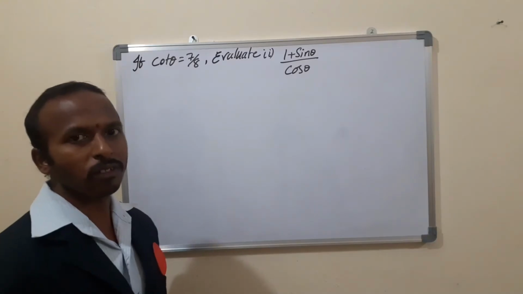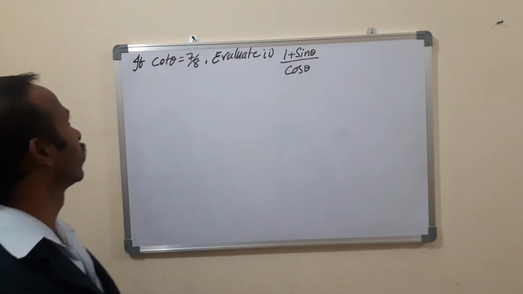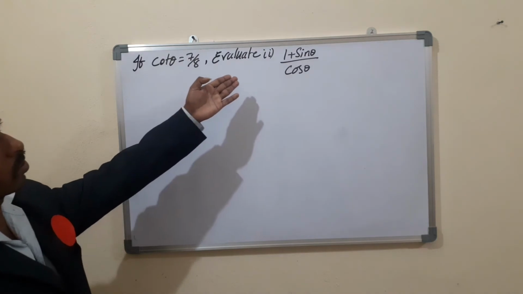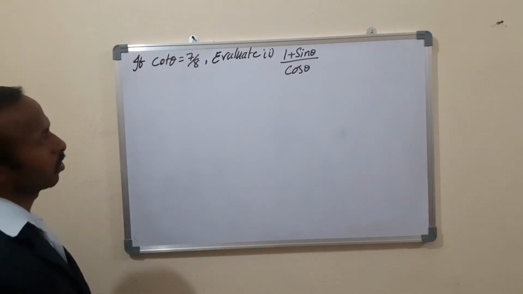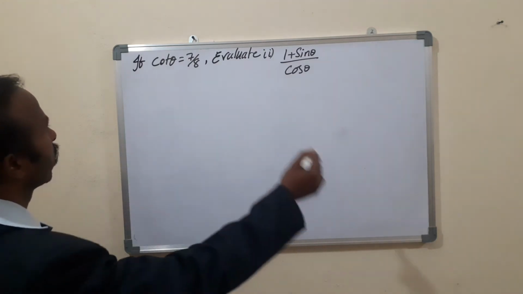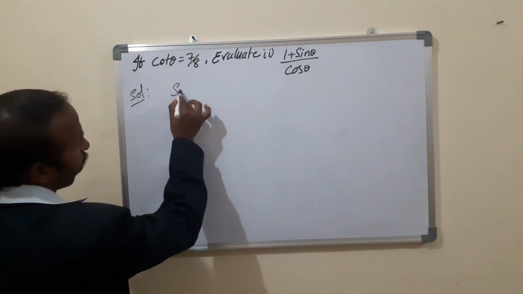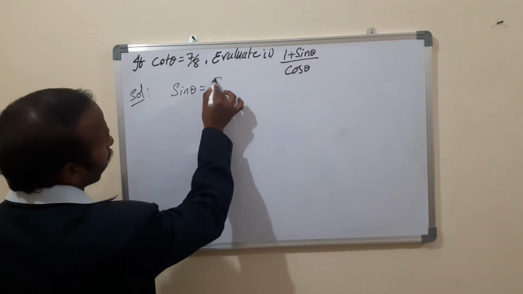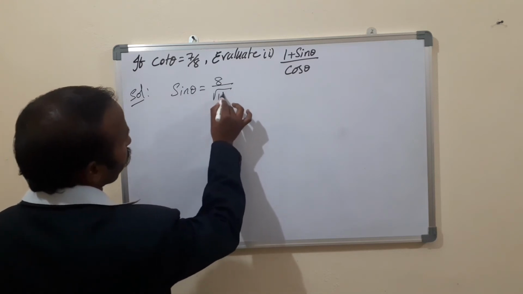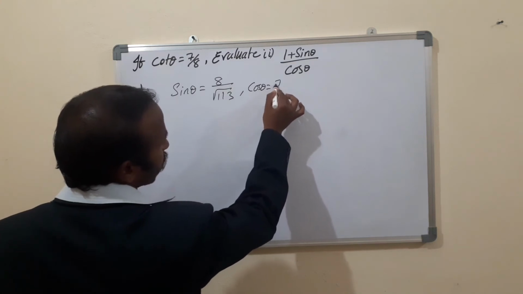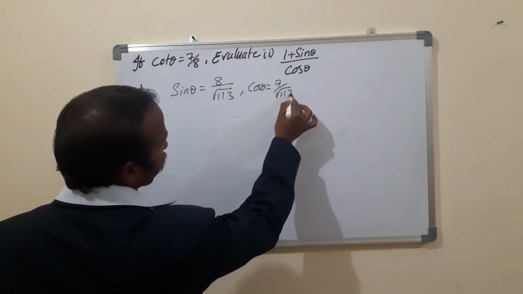Now we'll solve the second question in the same way. If cot theta is equal to 7 by 8, evaluate 1 plus sin theta by cos theta. Already we know the value of sin theta. How much? Sin theta equals 8 by square root of 113, comma, cos theta equals how much? 7 by square root of 113.